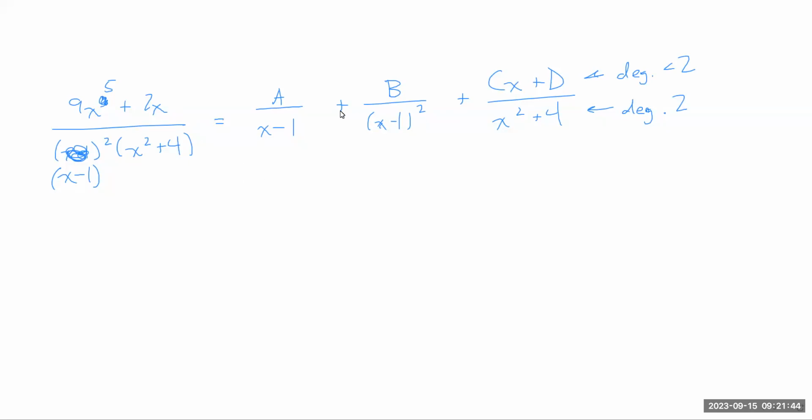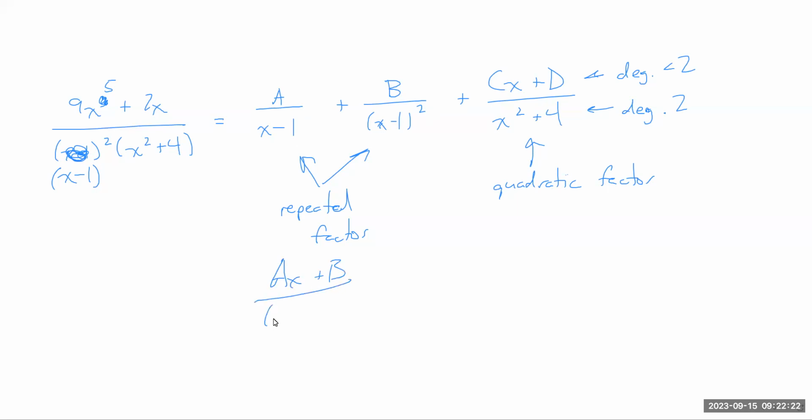So here's what's going on. We've got two different considerations here. One, this is a repeated factor. And this is what I'll call a quadratic factor, but it really could be any higher degree. Let's say we treated this A and B thing the same way, then it would be AX plus B over X minus 1 squared.